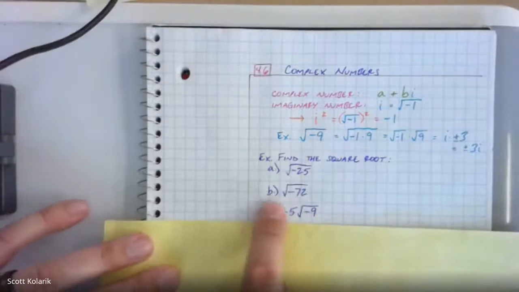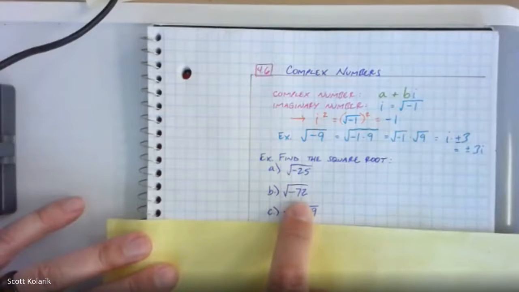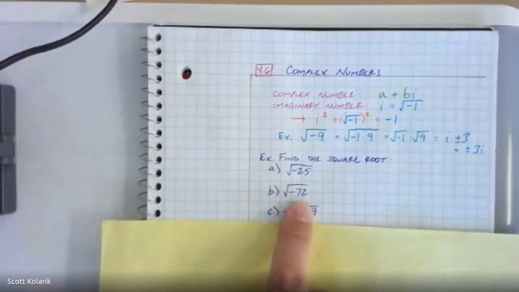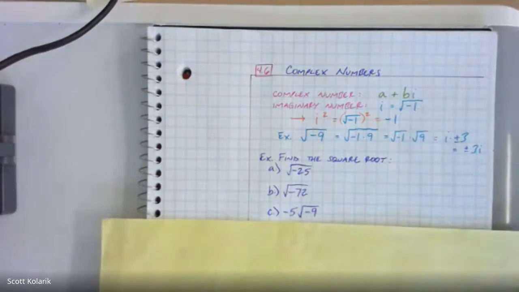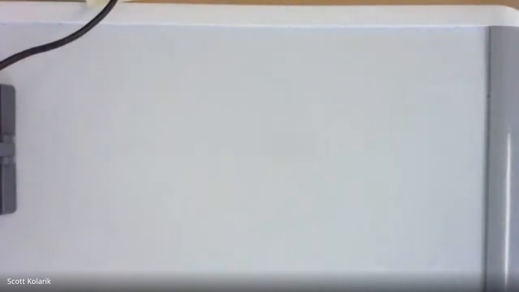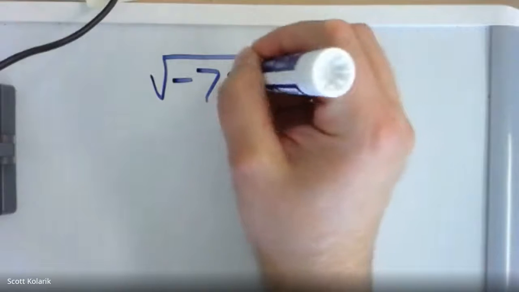I'm going to do part B right here as our illustration, because this will give us a little bit of practice back to what we did in section 1 with simplifying radicals. Your first couple questions will be similar to what we did in section 1, so you can always reference those notes again. But let me go back into this. All right, so we're given this radical, square root of -72.